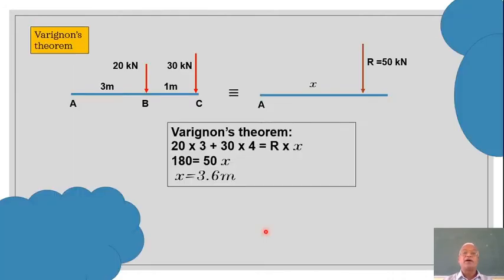Okay, I talked about Varignon's theorem last time. Just to revise the same thing, here I have an object ABC. The length AB is 3 meter, B to C is 1 meter.